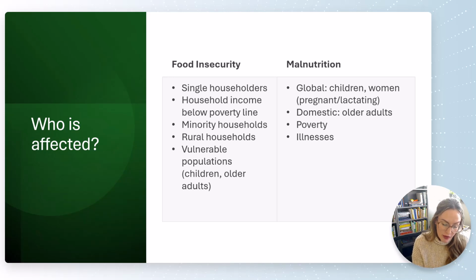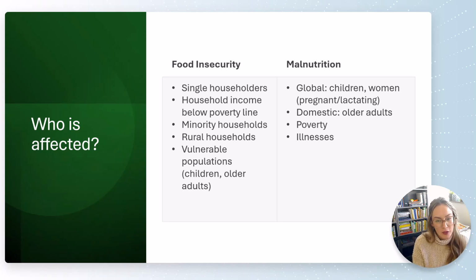More than a third of single householders are moms with children. And so the idea behind both is the same. It's that we have this single income that is expected to cover all household expenses. And in the case of households with children, those expenses include feeding more than one person. So that is a risk factor for food insecurity.